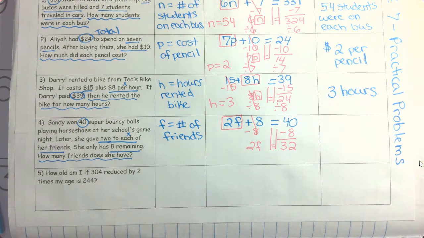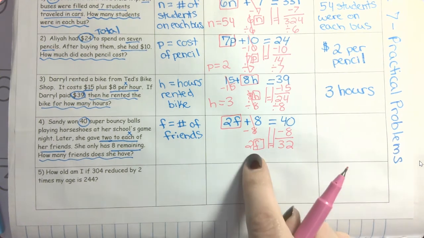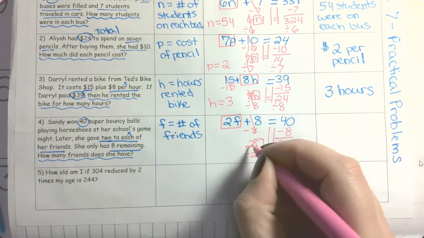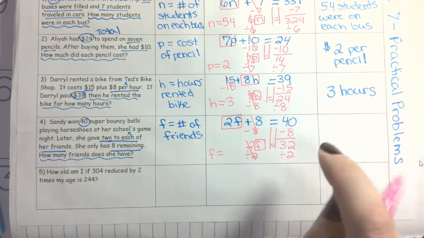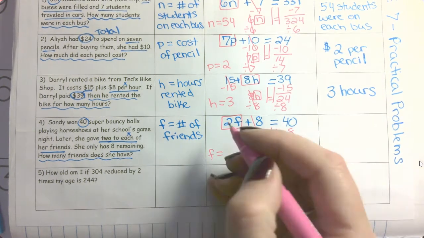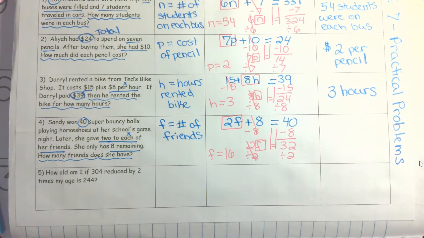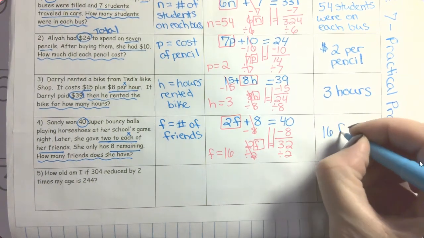To solve for F at this point, I would box in my variable, I'd box in F, and to get F by itself, I would divide by 2 to get it to cancel on that left side. So F would be equal to whatever 32 divided by 2 is, which would be 16. So F is equal to 16. So then to answer the question, how many friends does she have? She has 16 friends.